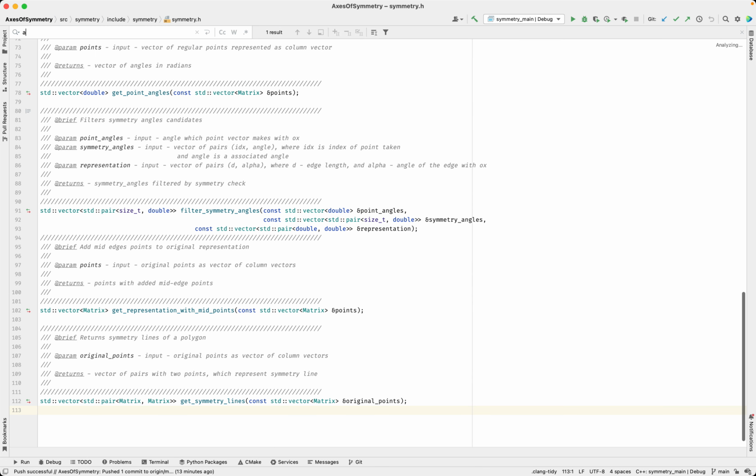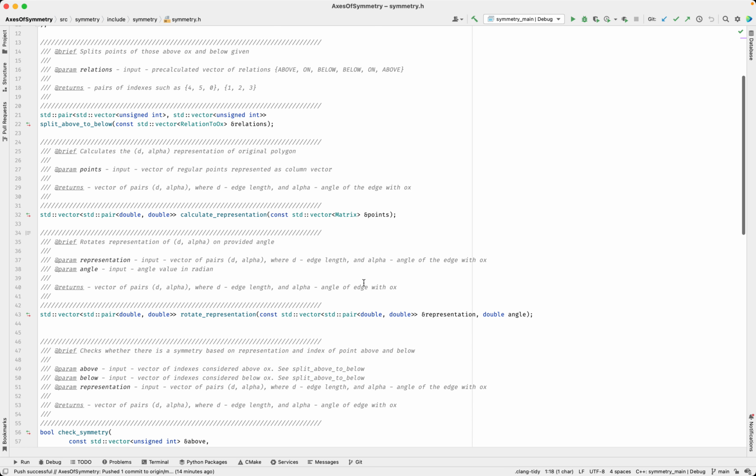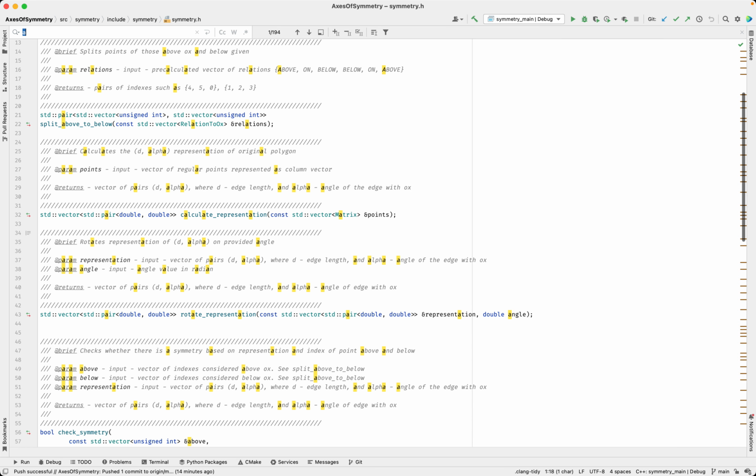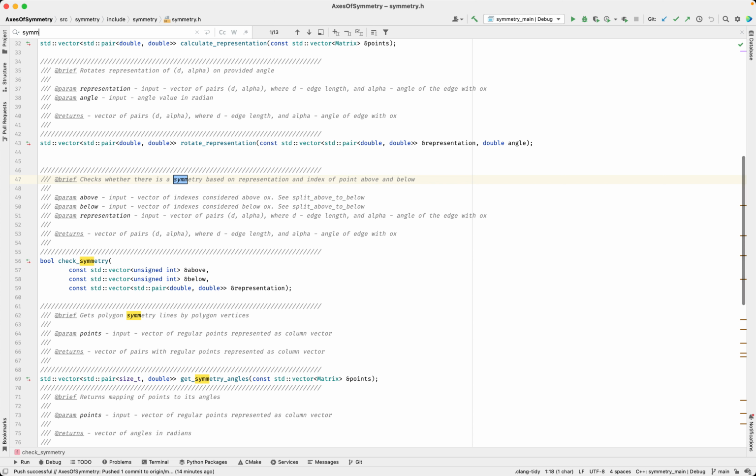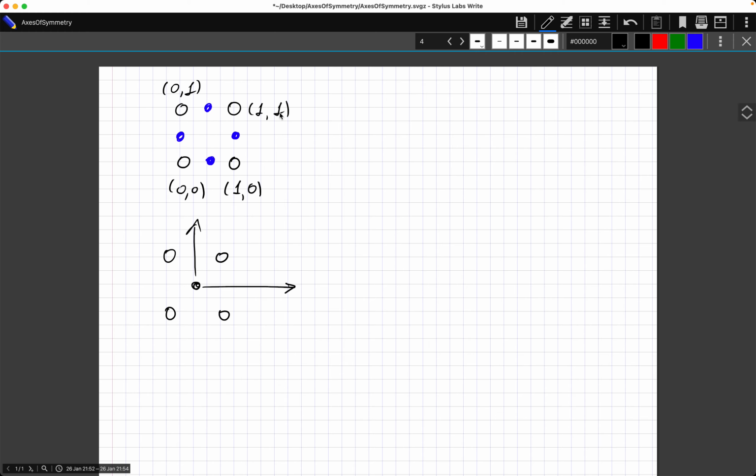Check symmetry and get symmetry angles. These symmetry angles essentially calculate all the potential candidates.